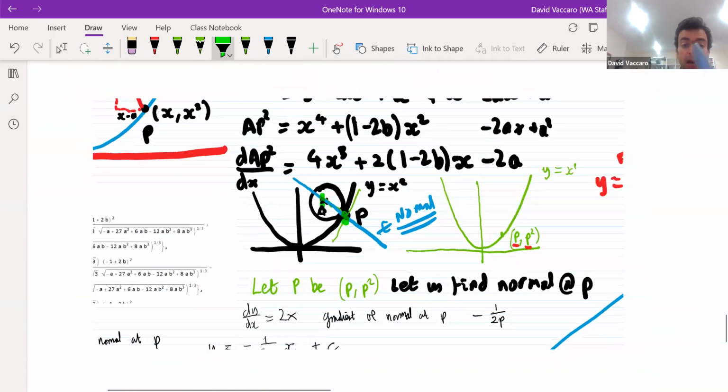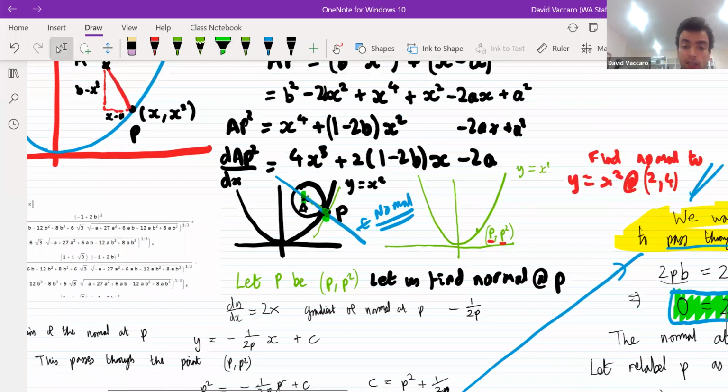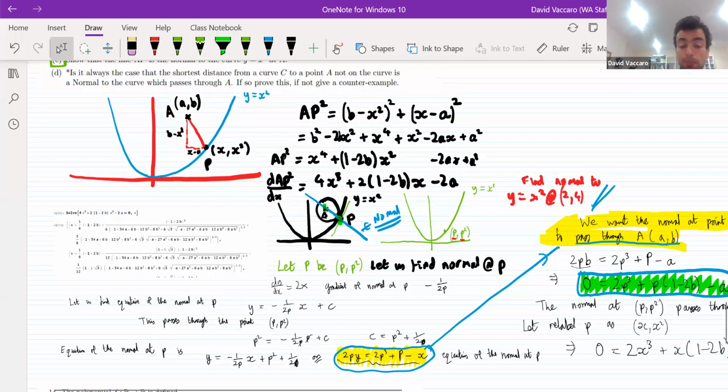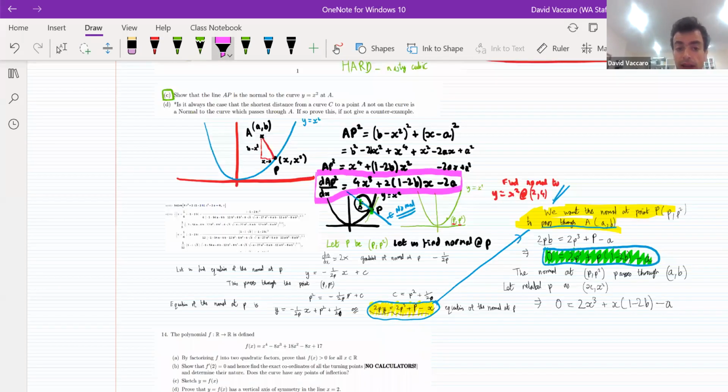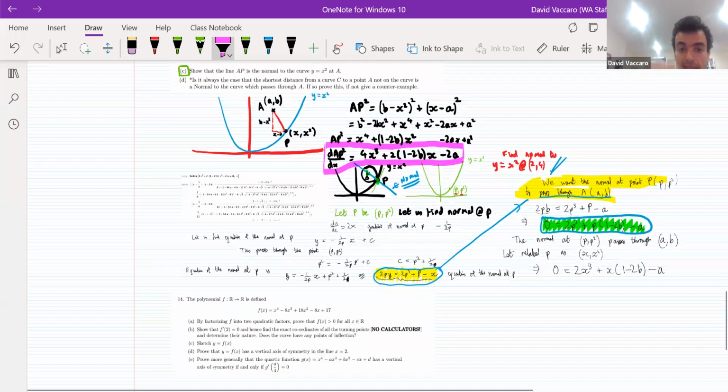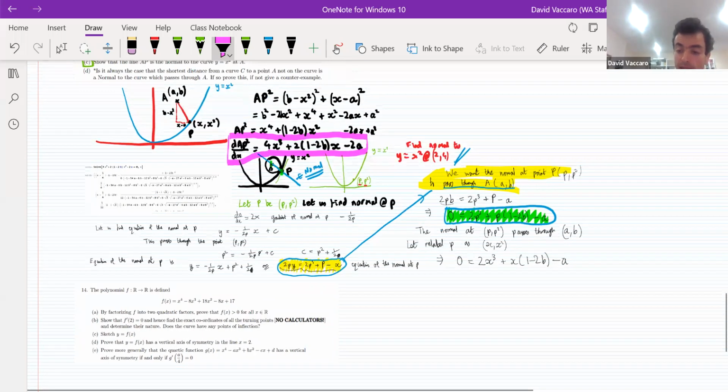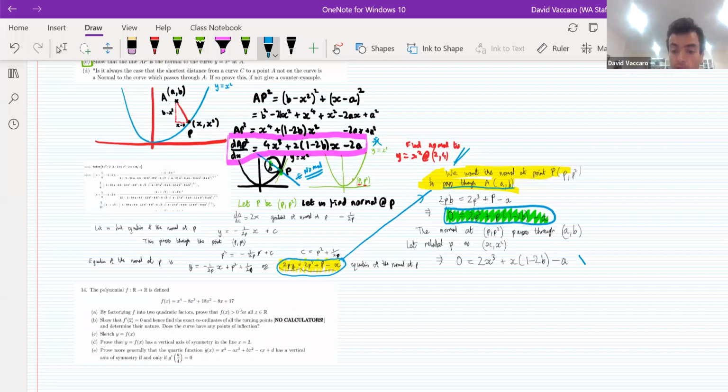But a long time ago now, we got a condition for the point P to minimize the distance to the curve. It was this derivative here. Now let's look at that. It's exactly the same condition here as here. So this condition implies that d AP squared dx is equal to 0.